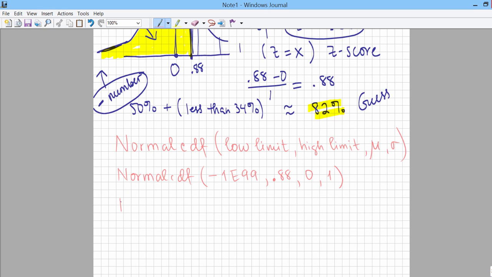What I recommend is to say normalcdf and just plug in a large number that's negative, large in absolute value, all the way up to 0.8801. Let's plug this in.